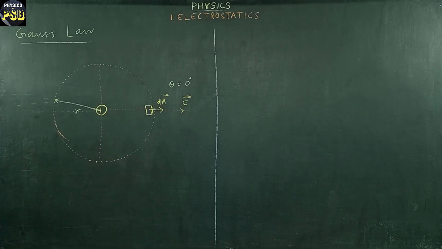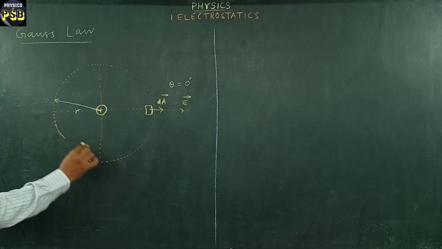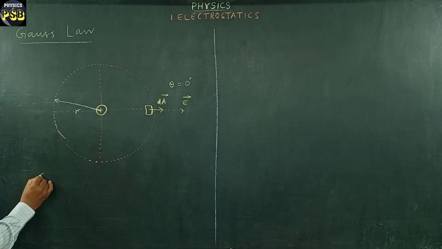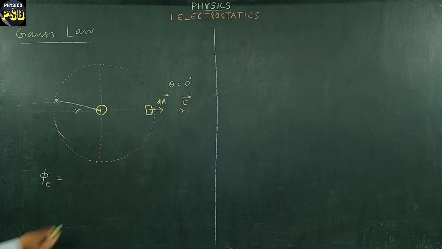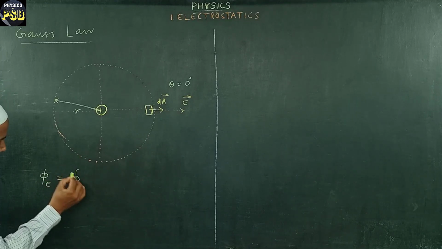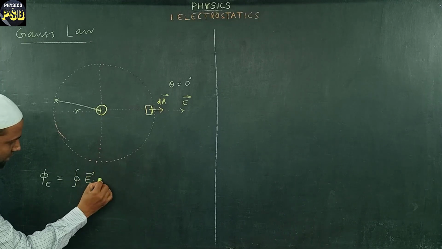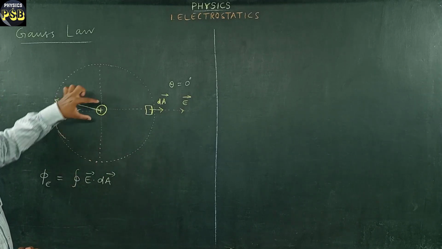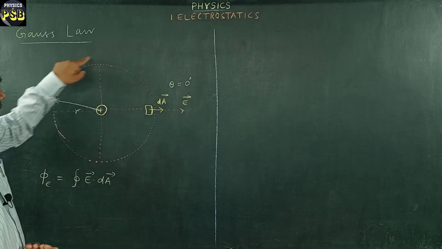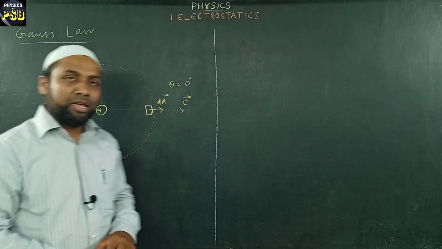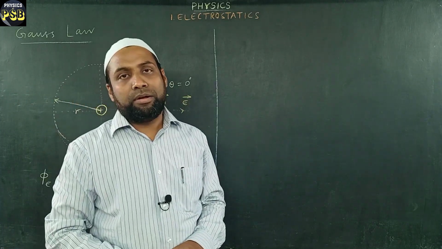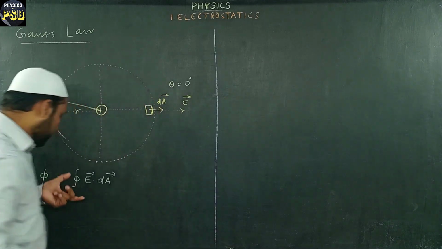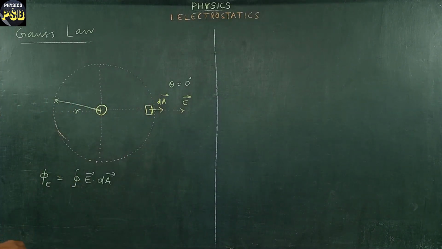So we know the expression for electric flux, which is written as phi E, and it is nothing but the closed integral of E vector dot dA vector. Here we have a closed integral for the reason that the charge is surrounded by a closed surface. Then we have a dot product.